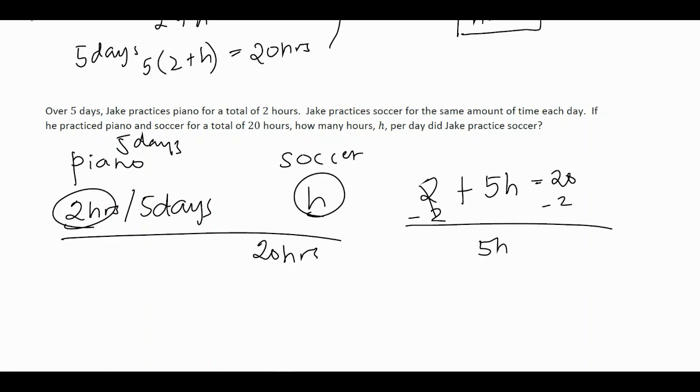Bring down 5h is equal to 18. Some of you might tell me you cannot divide there. You can. Remember, you guys are not in elementary anymore. You are in middle school, so you should understand that we can definitely find a particular value for this, wherein I can accept 3 3/5 or 3.6.